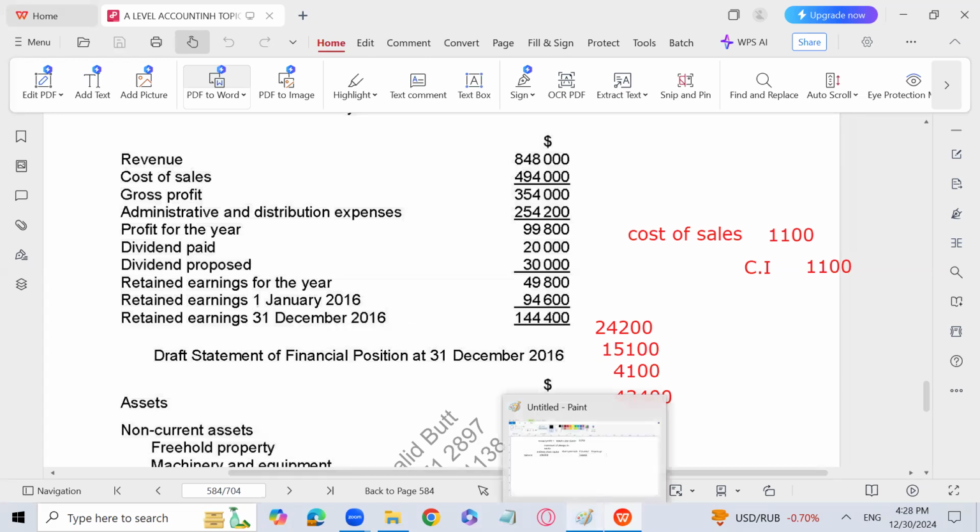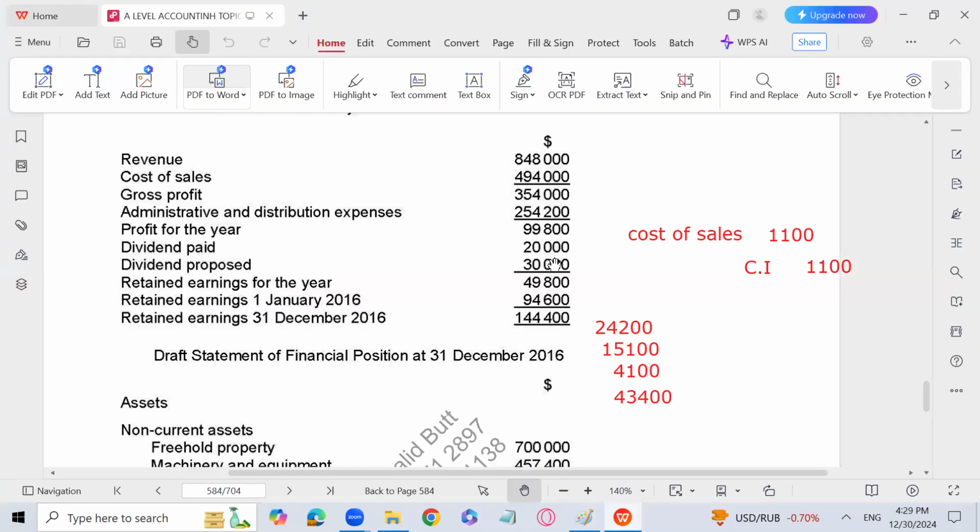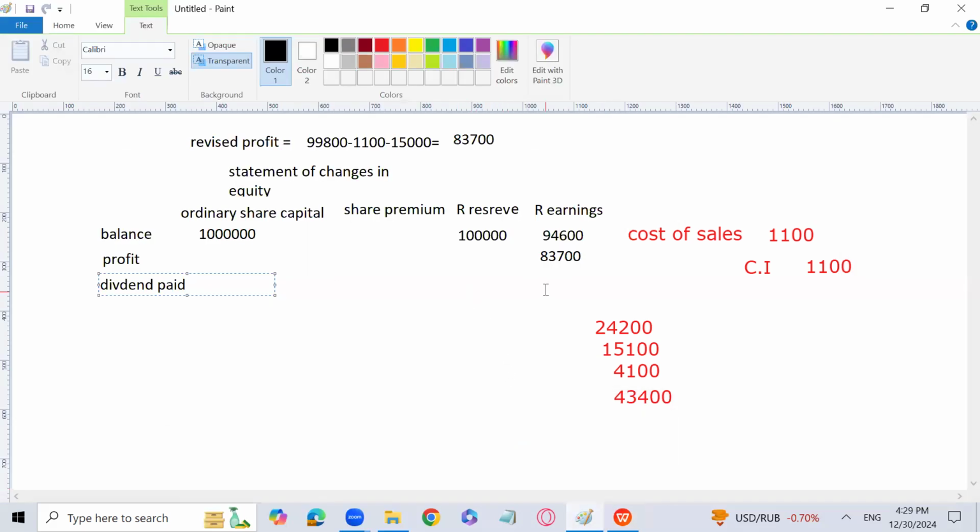We will start our statement of changes in equity from 94,600. Right? Now I will add profit in the retained earnings column. Profit is 83,700. Dividend paid will be subtracted from here, because dividend paid will come over here, not in the income statement. And only paid will come, proposed won't come anywhere else. So that is going to be 20,000 subtracted from here.